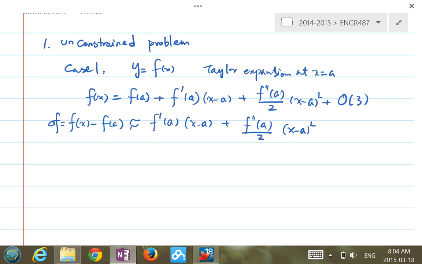Now, for finding the min or max, at the min or max location your first order derivative will be 0. When this is 0, delta f will depend on the second order derivative.